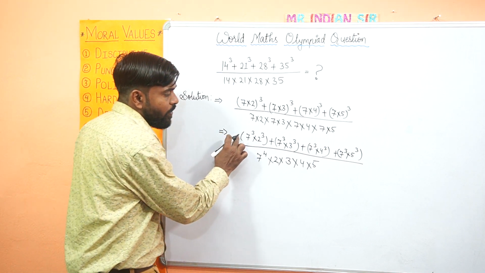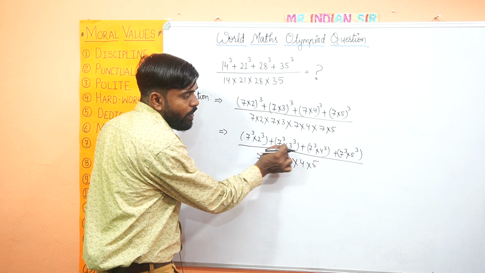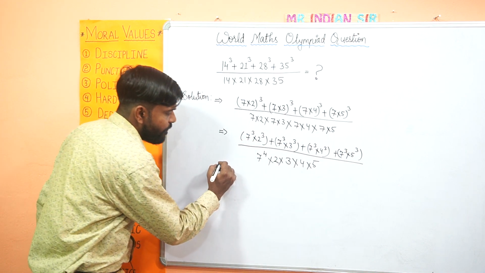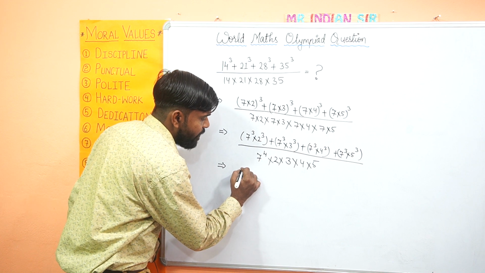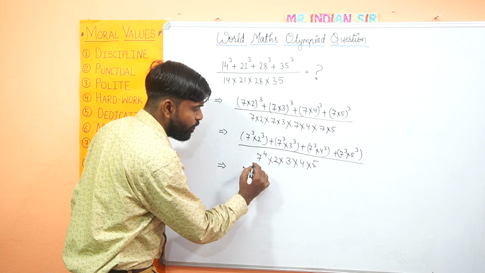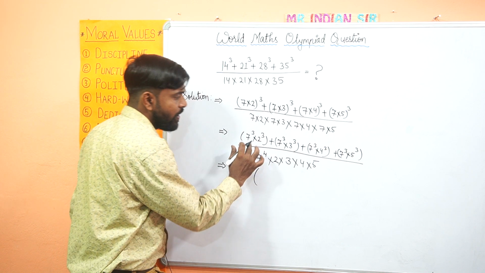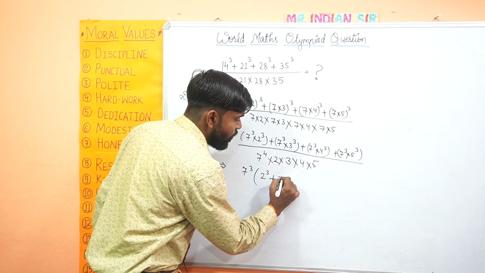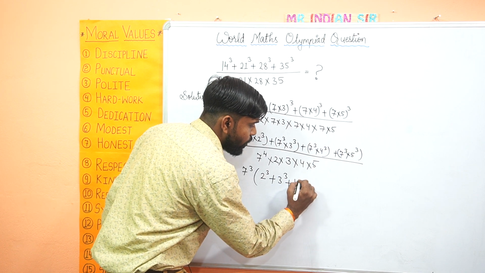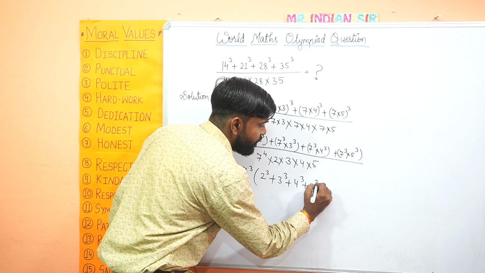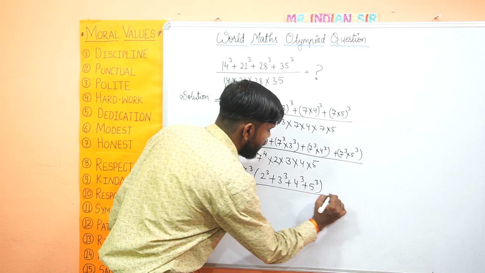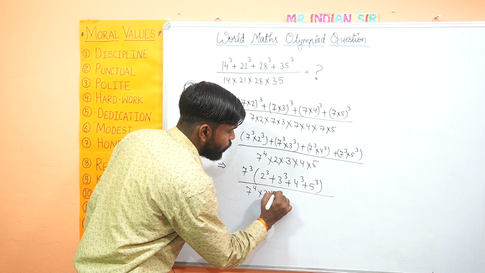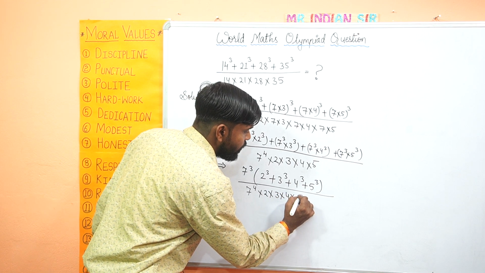Now guys, in the numerator we clearly see that 7 to the power 3 is common. Do you see 7 to the power 3 common in the numerator? If yes, then we proceed. So what are we going to remain with? Here it will remain 2 cube plus 3 cube plus 4 cube plus 5 cube, and in the denominator we have 7 to the power 4 into 2 into 3 into 4 into 5.